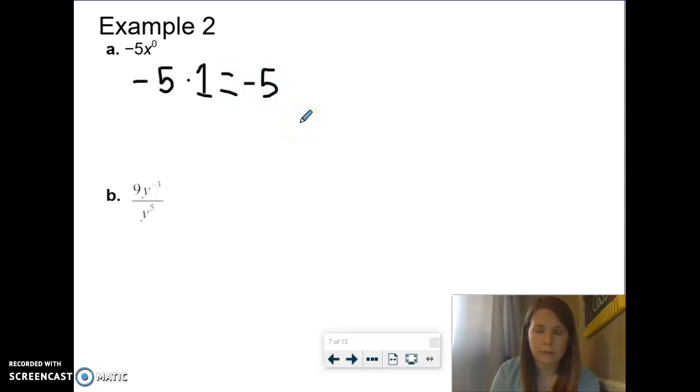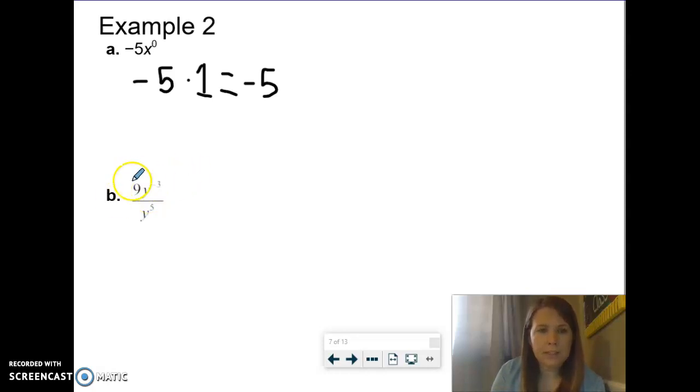Okay, easy enough. This one's really hard to see, but I've got 9y to the negative 3 out of y to the 5th. Again, these exponents are only related to that variable, which is y. So far, for the most part, all we've seen is exponents on an actual base number. Same rules apply if they are variables.